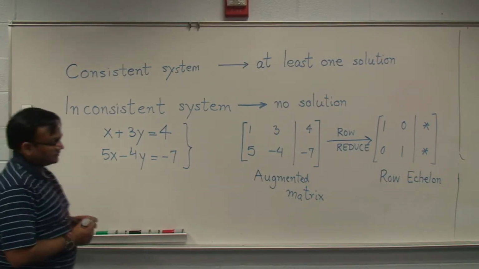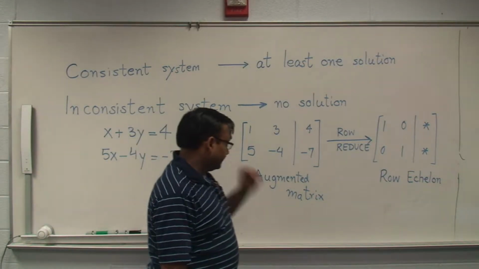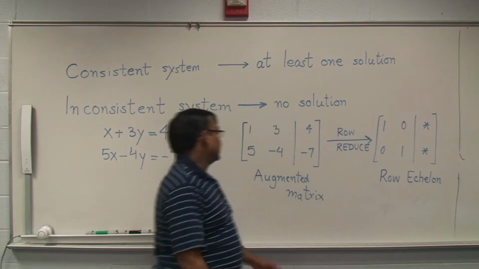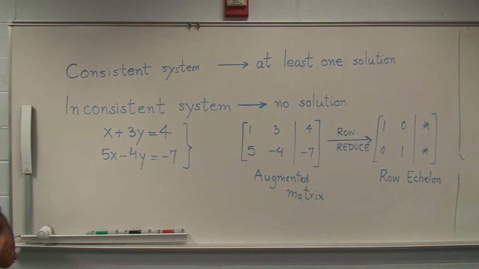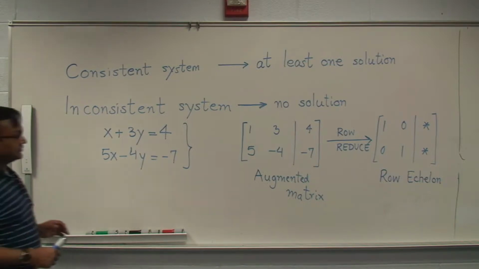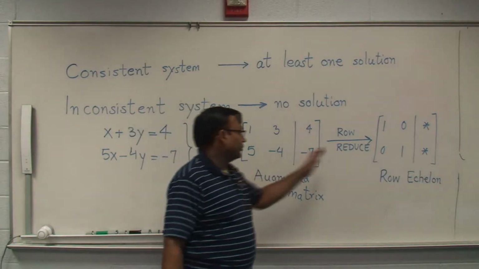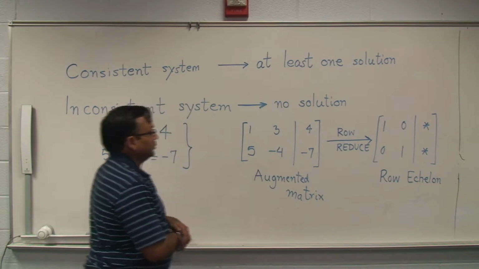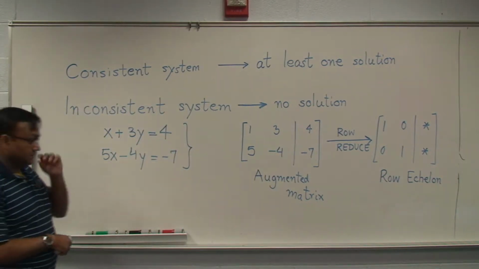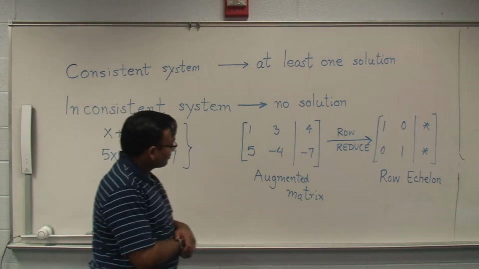Because once we achieve this nice form, we will be able to see one thing, that this nice form helps us identifying the solutions or writing down the solutions fairly quickly. So now the question is, how do I start from here and go up to there, and what exactly do I mean by row reduced or row reduction?